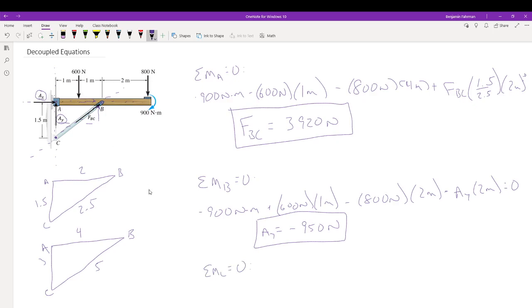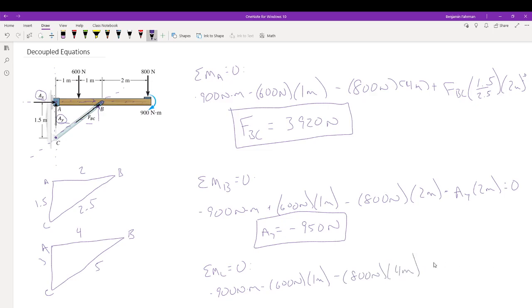What do we have? It's going to look a lot like moments about A. We're going to have this minus 900 Newton meters. We're going to have minus 600 newtons times 1 meter. We're going to have minus 800 newtons times 4 meters.